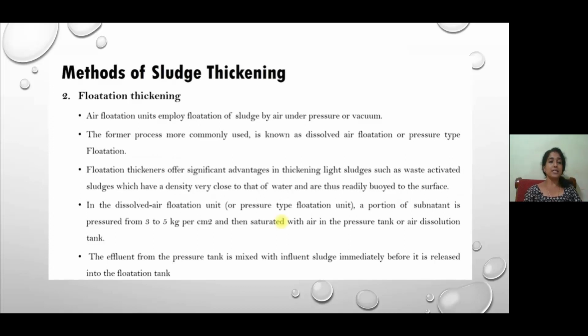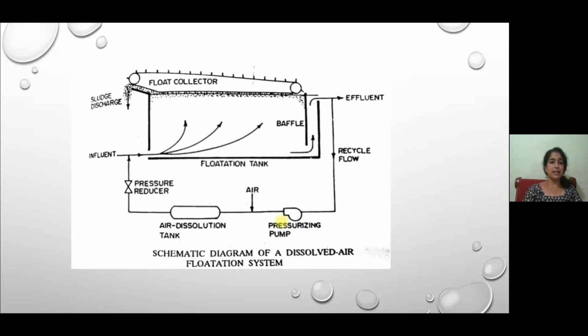And the next is flotation thickening. In this flotation thickening, you can see a flotation thickener. Here the influent gets into the tank from the bottom, and the effluent is collected from the top of the tank. A pressure arrangement is connected to the tank system: you can see a pressure reducer, and a pressurizing pump is also connected.